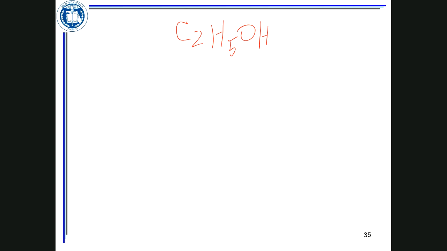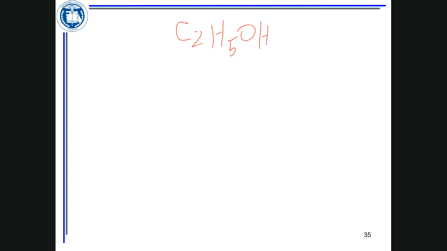So it's going to happen, but it is not going to stay, it is not going to be stable. So it goes back and forth, but less time for the minor resonance, more time for the major resonance. The molecule is going to spend more time as the major resonance.